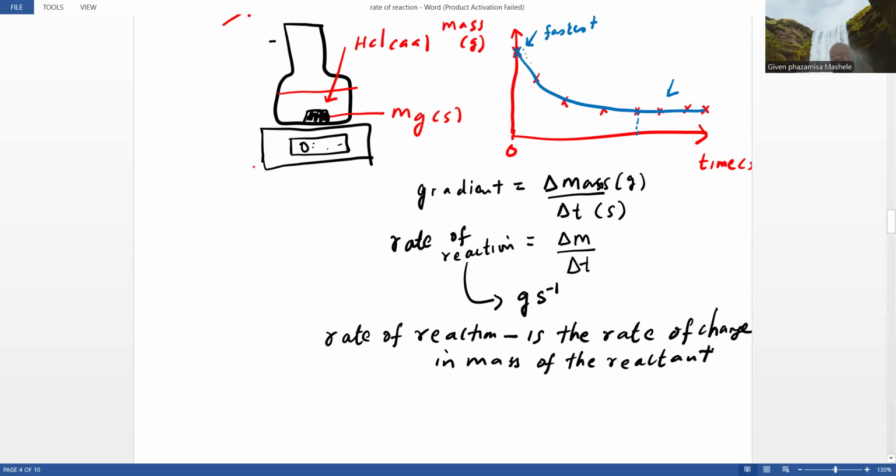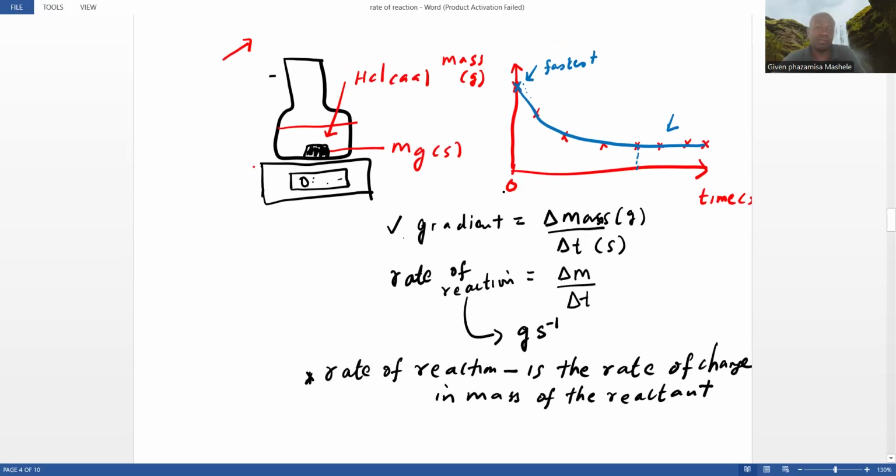Or we can say the change in mass, but usually we know the general definition of the rate of reaction. So this is another way of determining the rate of reaction. But honestly speaking, in the exam, they usually ask about this change in mass or the changes in volume. I believe you are following.